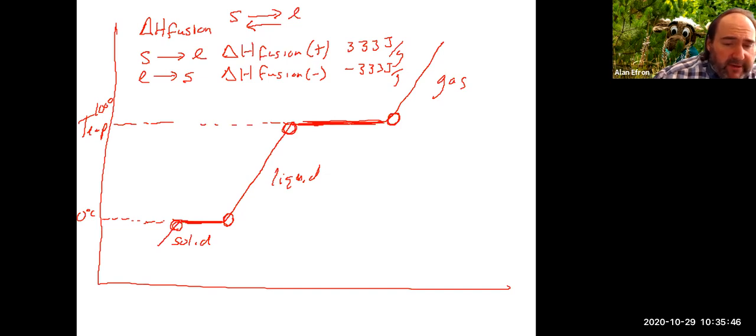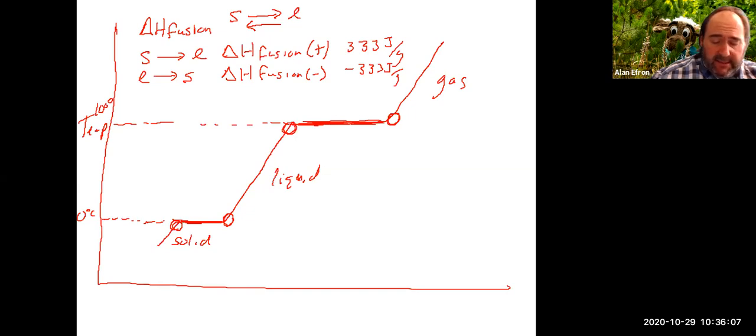The same thing occurs over here at our transition as we go from liquid to gas. There's a certain amount of energy required just to do that transition and take something from liquid to gas, or gas back to liquid, not changing the temperature.